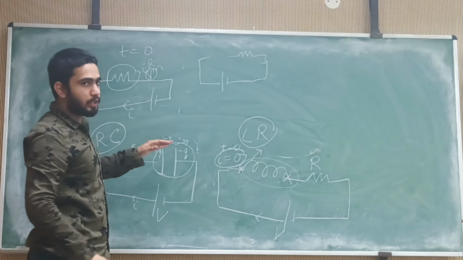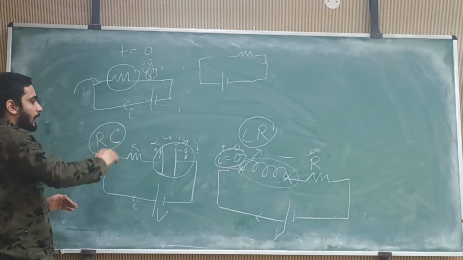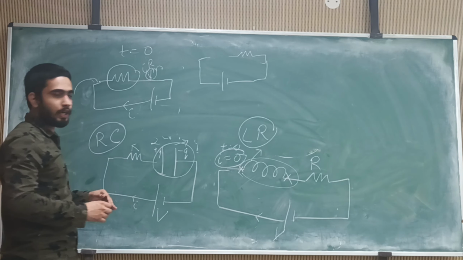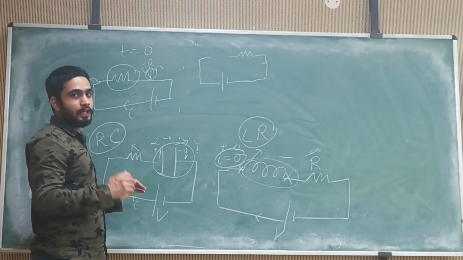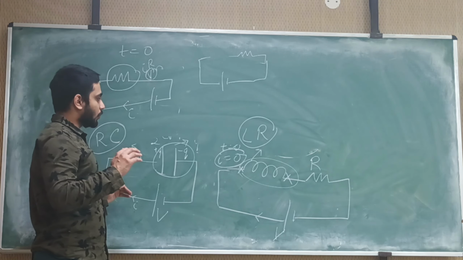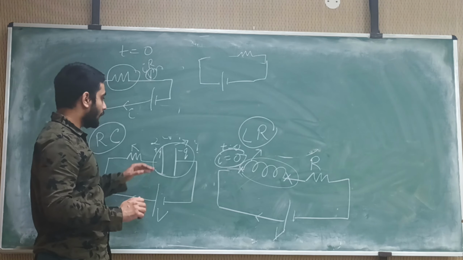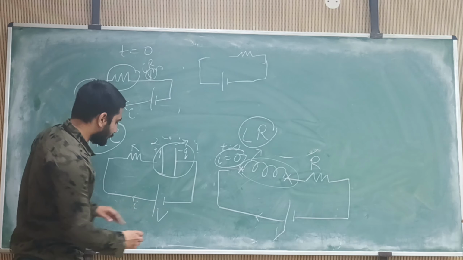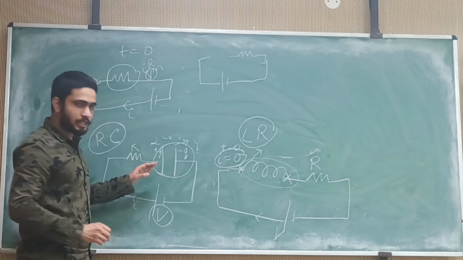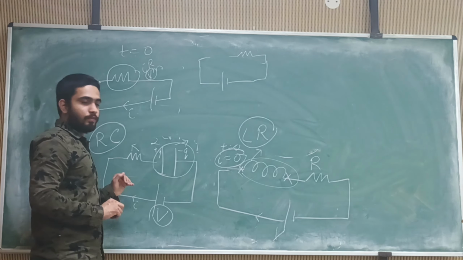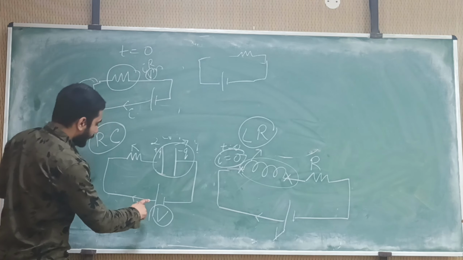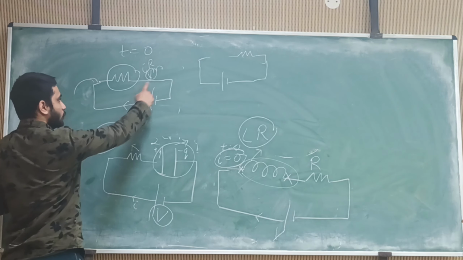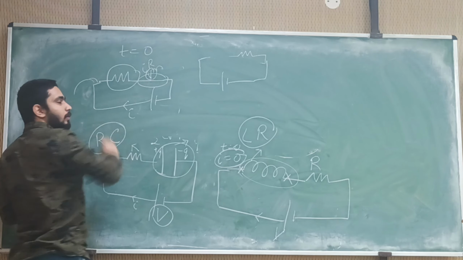So what will be there at time t equal to infinity? One more thing before we see that: in a capacitive circuit, any circuit which has a capacitance, the current at time t equal to 0 we can replace with a wire.